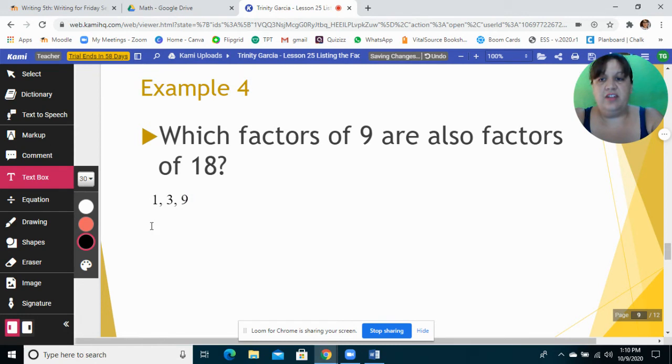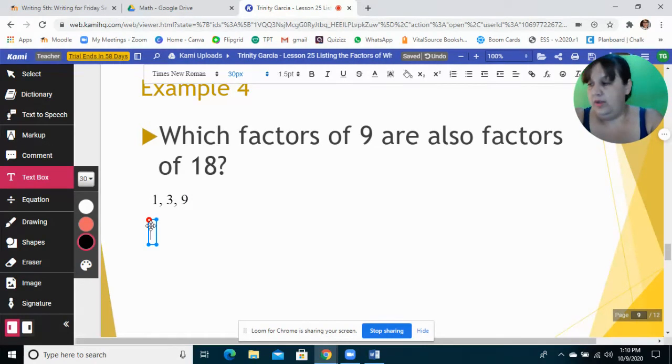Let's look at our factors of 18. Well, we know that 1 goes into 18 eighteen times. We know that 2 could also go in because it's an even number, right? We know that also 6 goes into 18 evenly 3 times.